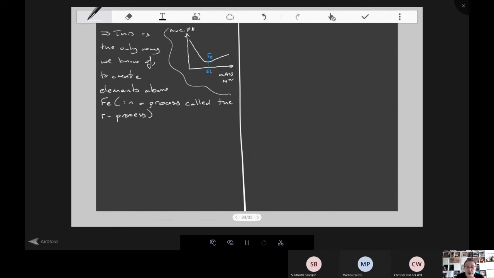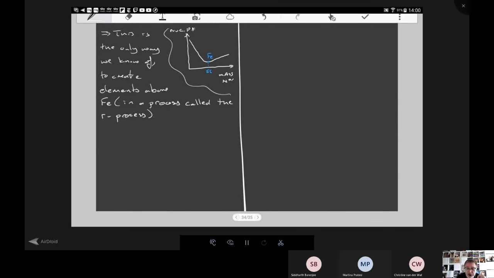This is how the universe has created all of the elements above iron in the periodic table, and you are made of many of those. So lots and lots of the atoms inside your body must have come, as far as we're aware, because we don't know of another way of doing it, from a supernova explosion in the past. And the S process is also part of a supernova explosion as well.